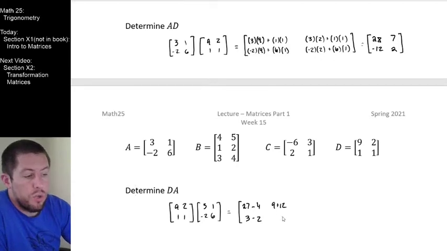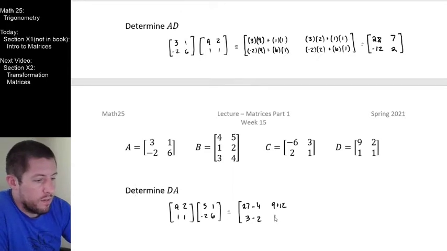And finally, row 2, column 2 is going to come from dotting row 2 of D with column 2 of A. So 1 times 1 is 1. 1 times 6 is 6. And what does it look like we're getting here? I'm seeing 23, 21, 1, 7.